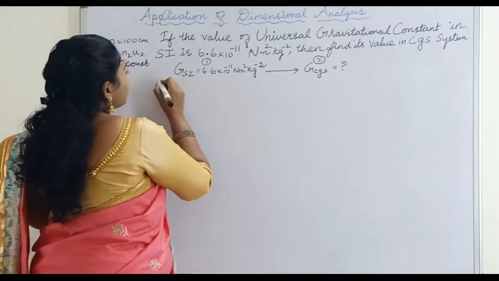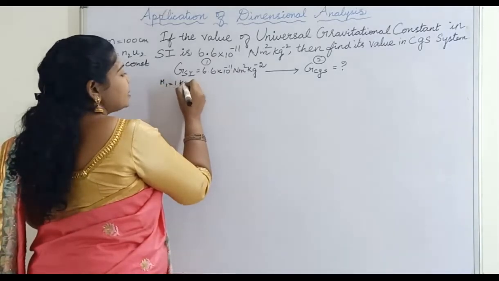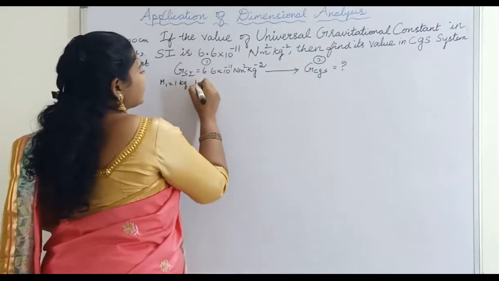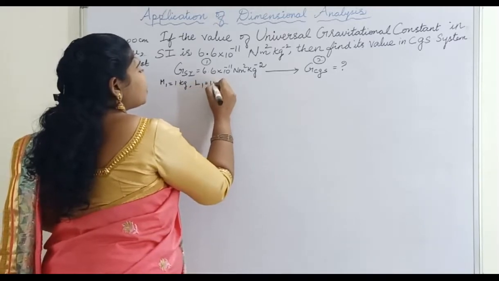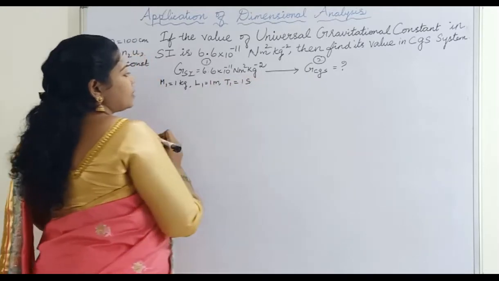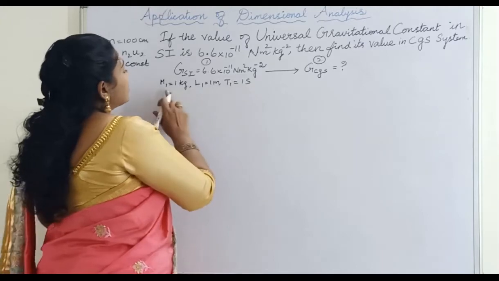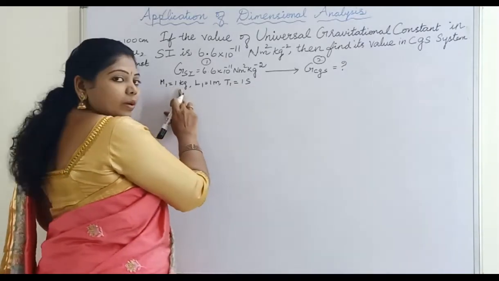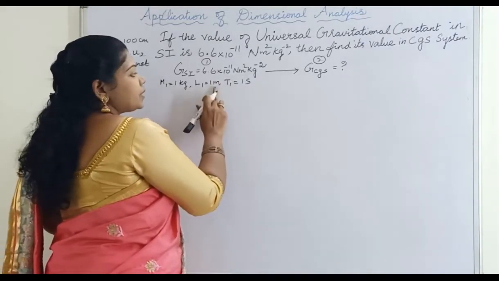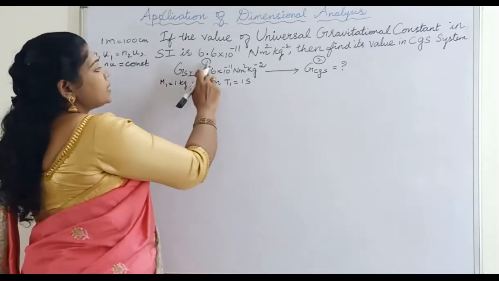So we can write M1 is equal to 1 kg, L1 is equal to 1 meter, and T1 is equal to 1 second. So mass is measured in kilogram, length in meter, and time in second. This is system number 1.